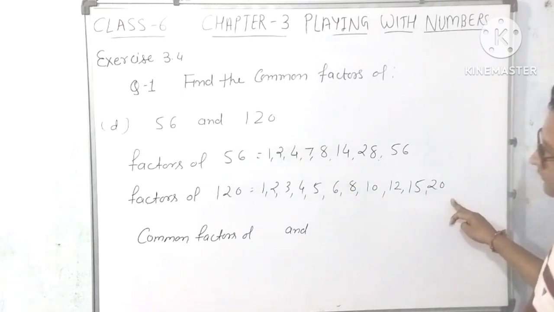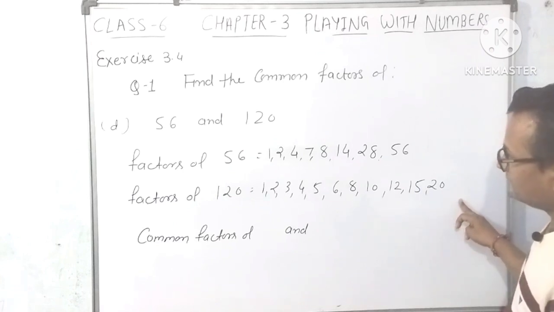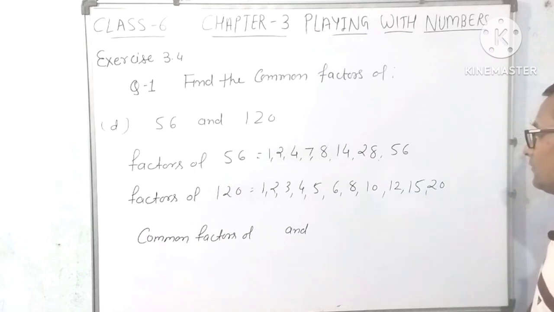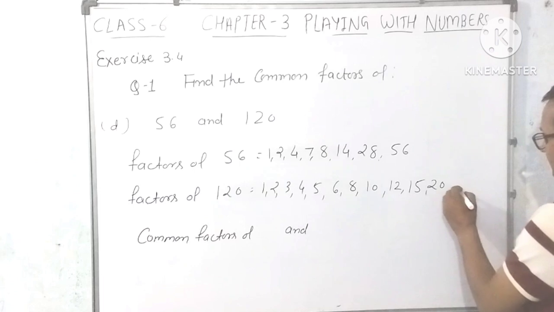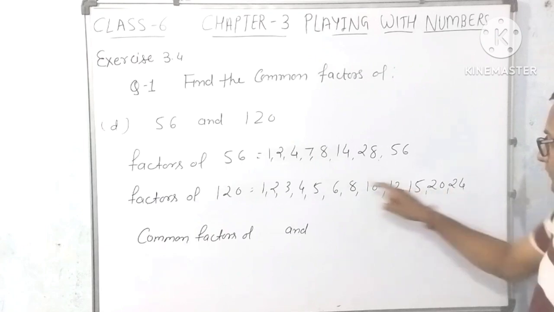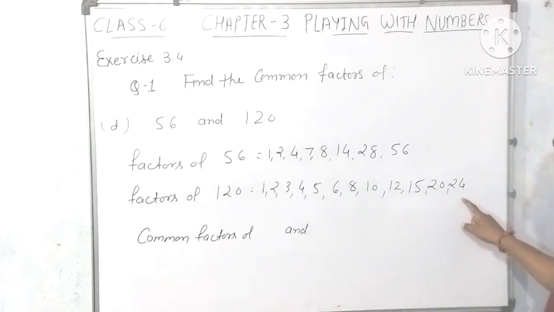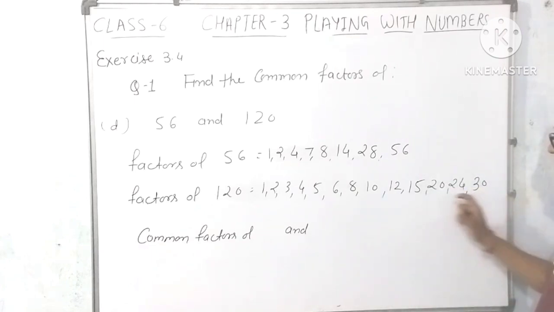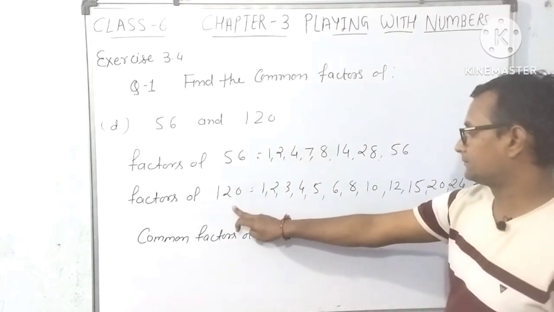Then 21 not possible. 22 not possible. 23 not possible. 24, 5 twenty-fours are 120. 25 not possible. 26, 27, 28 not possible, 29 not possible. 30, 4 thirties are 120.